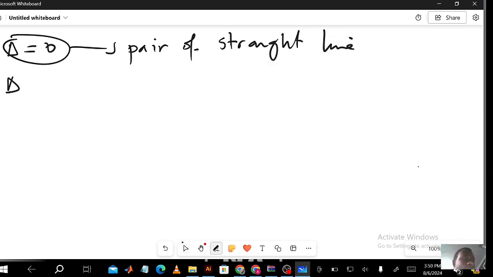But if delta is different from 0, now I know that it's not a pair of straight lines.